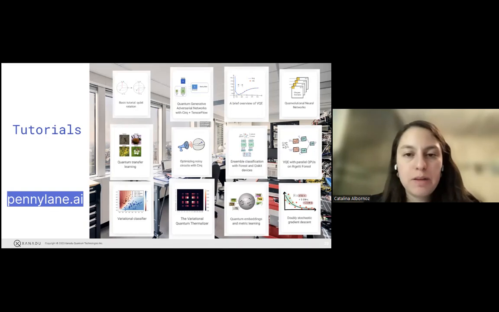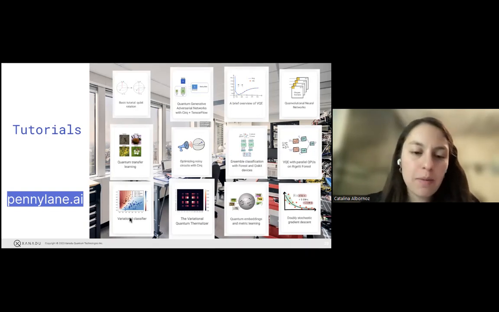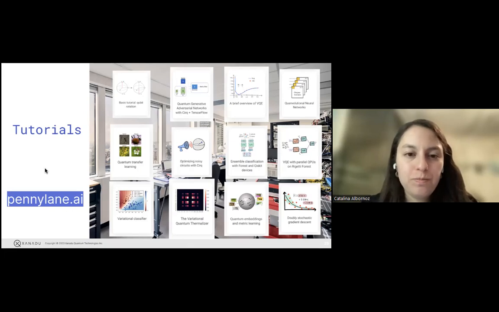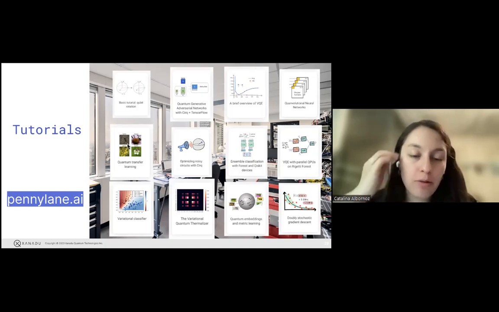So we have for specific areas such as quantum chemistry and quantum machine learning, but also quantum computing in general, including, for instance, how different kinds of quantum computers work. So if you want to learn more about how our quantum computers work, you can also find them in our tutorials. And these include text and code, but the code is not executable there. So it's really more like a reading resource.